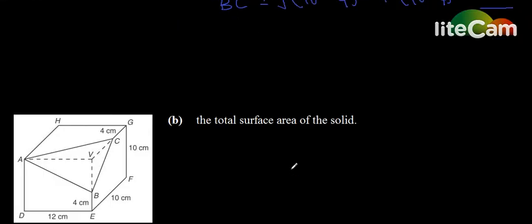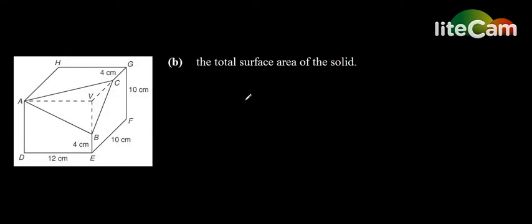And for the second question, we need to find the total surface area of the solid. And here we can divide it into a few parts. The first part is the area of HACG, this one.